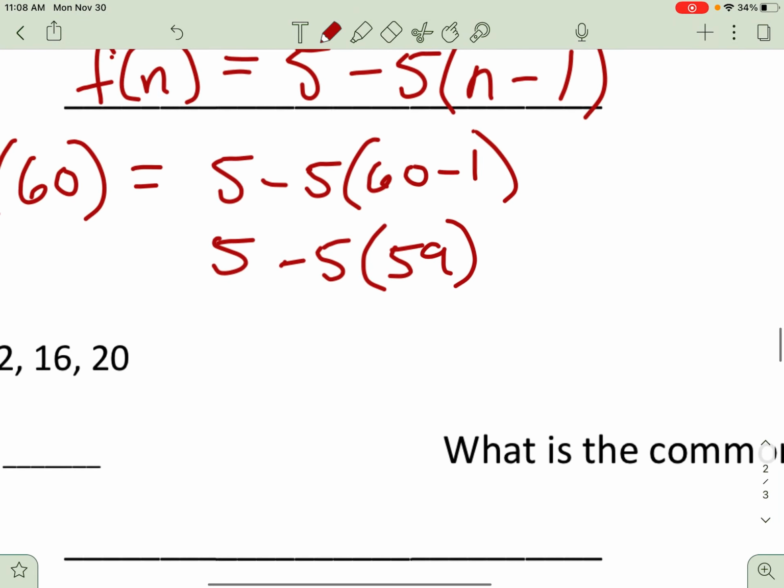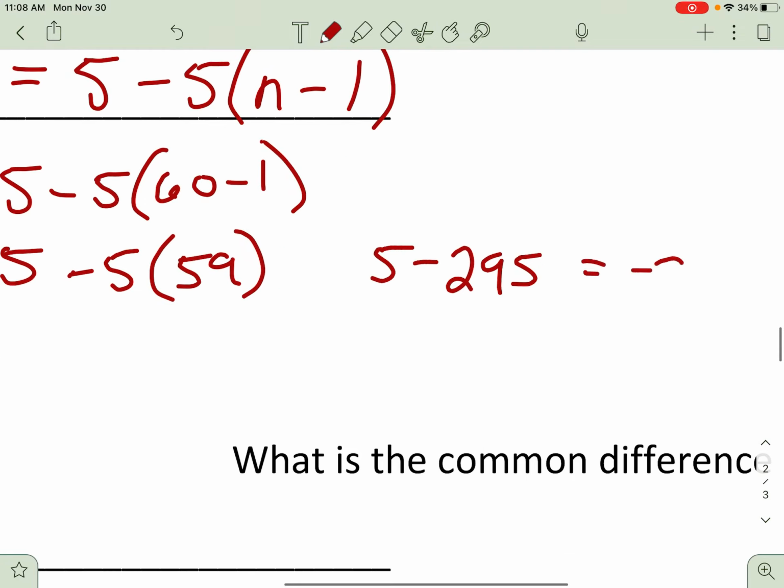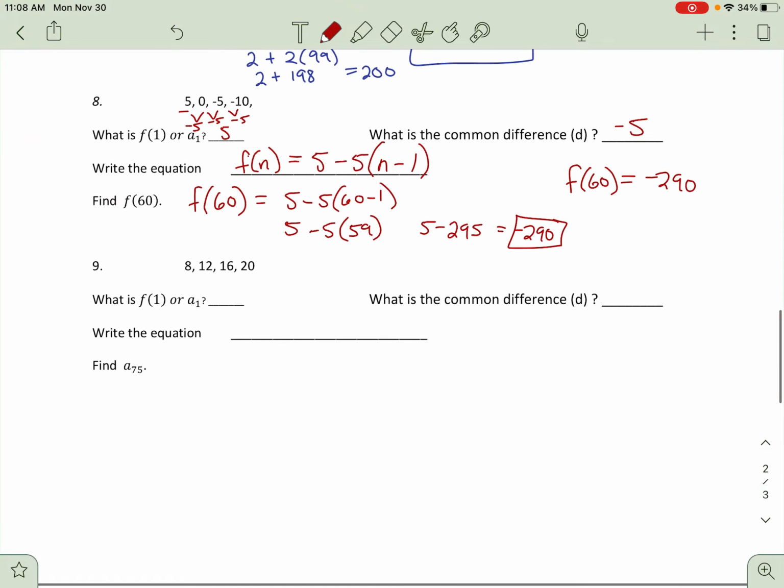Minus 5 is 295, so this would be 5 minus 295, right? Well, I'm second guessing myself right now, and I don't know why. Yeah, 5 minus 295 equals a negative 290. Okay, so the value of the function for the 60th term is negative 290.